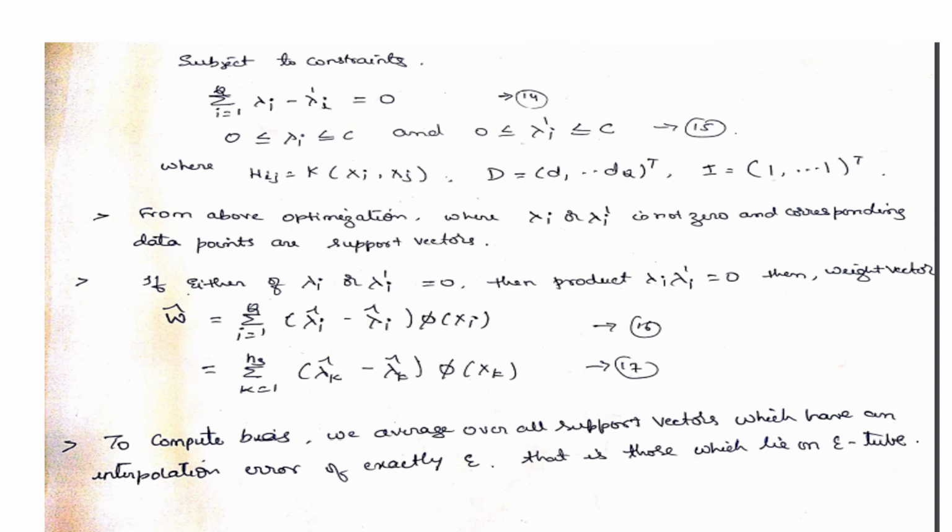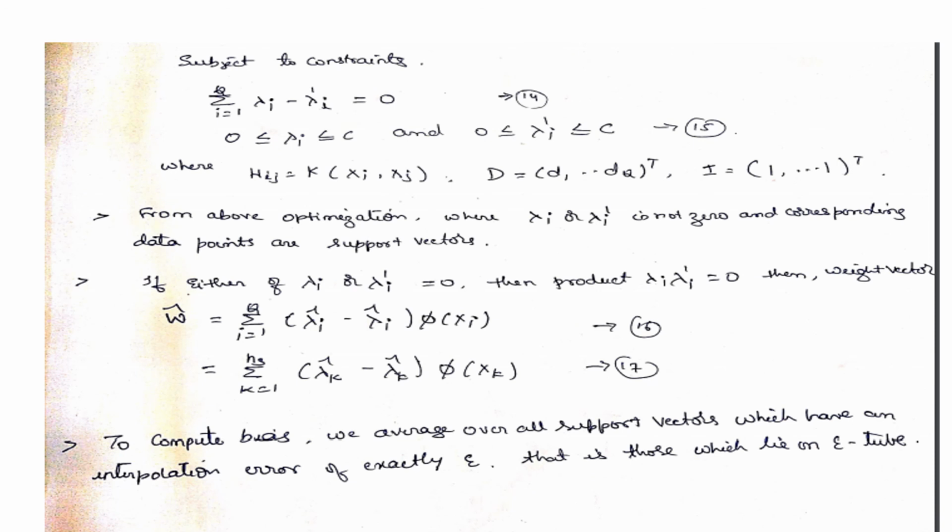The weight vector is then expected to be w cap equal to summation i equal to 1 to q of (lambda i cap minus lambda i prime cap) into phi of xi. For the support vectors, if we write this equation for k equal to 1 to ns, where ns is less than q, it is the sum of (lambda k cap minus lambda k prime cap) into phi of xk.